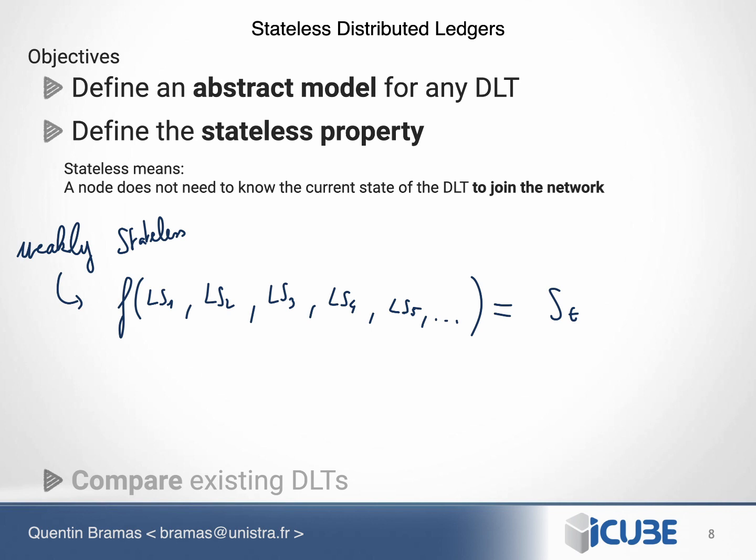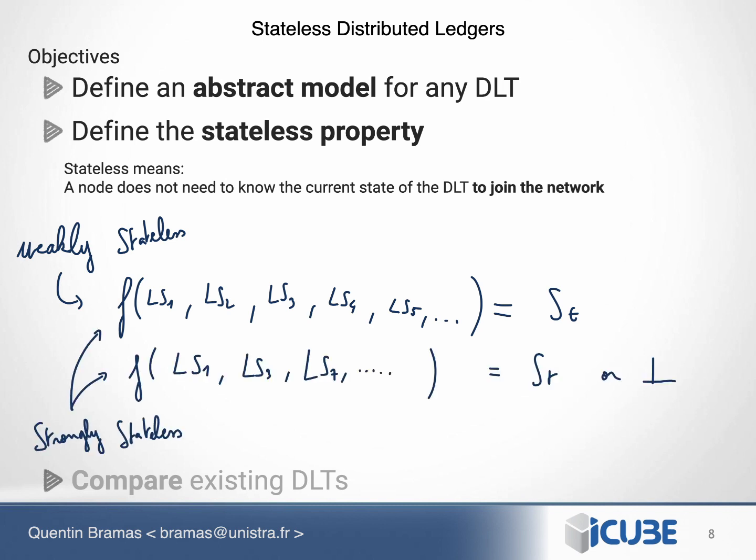A DLT is strongly stateless if, in addition to that, it cannot be fooled when receiving only a subset of the local states, for instance if an adversary isolated the joining node and just sent malicious states. The property is probabilistic if the result of F is correct with high probability.